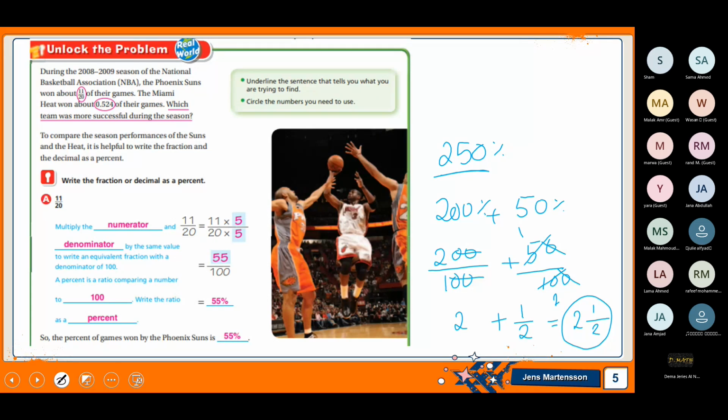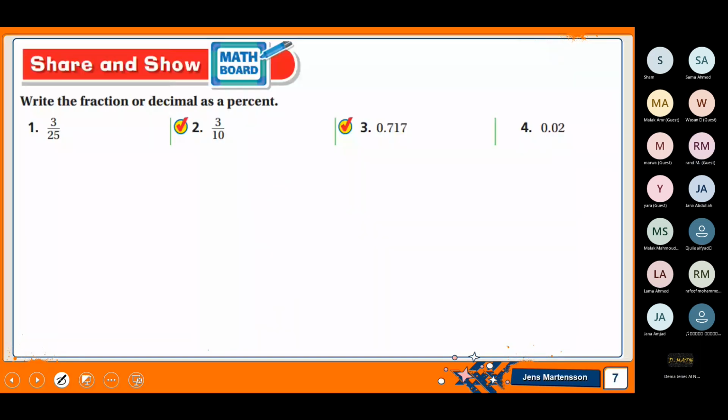Opened it. I finished. Now, okay. Oh, sorry. 3 over 25.